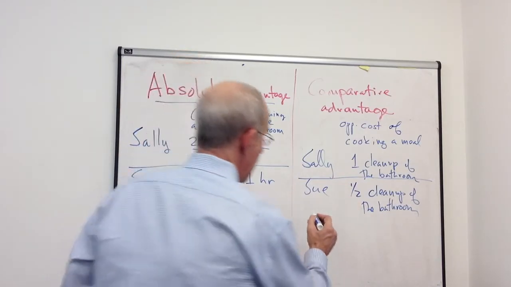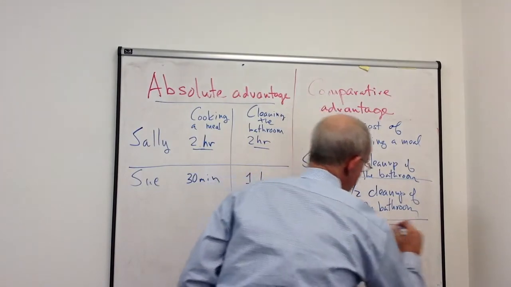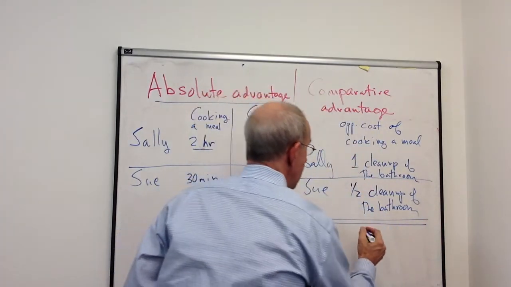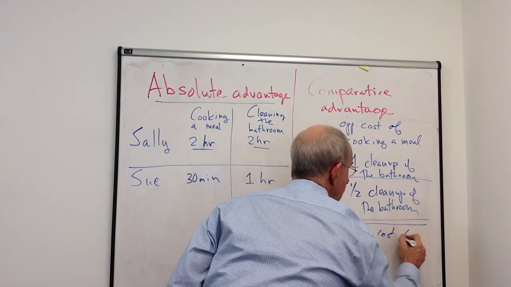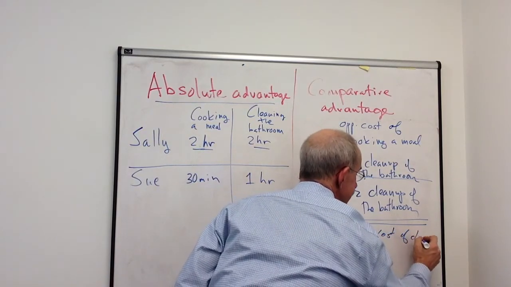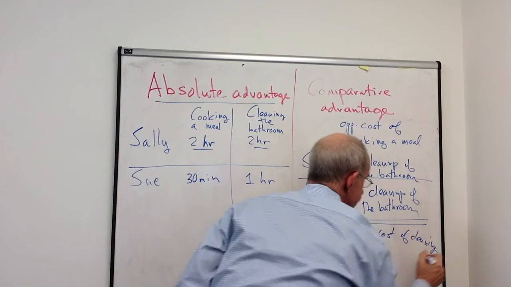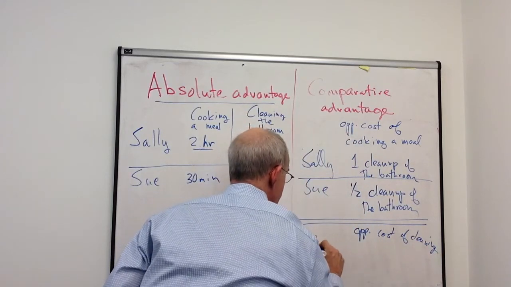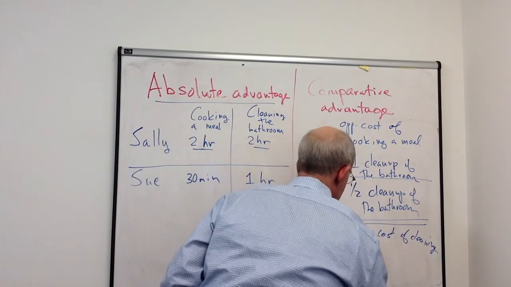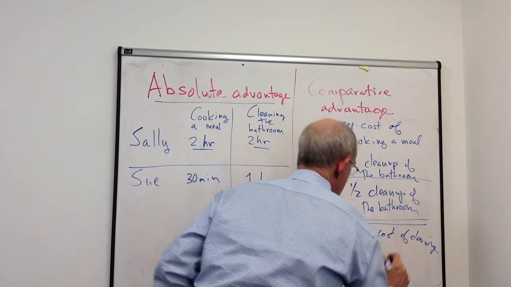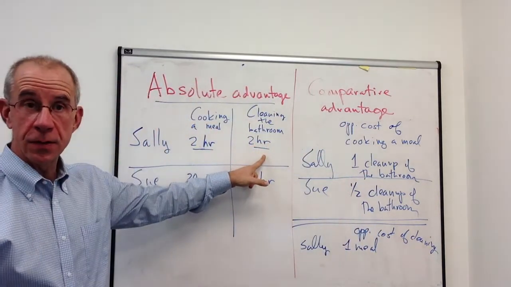Okay? Now, if we look at this from the standpoint of the opportunity cost of cleaning for Sally, it's going to be one meal. She spends the 2 hours on the bathroom.